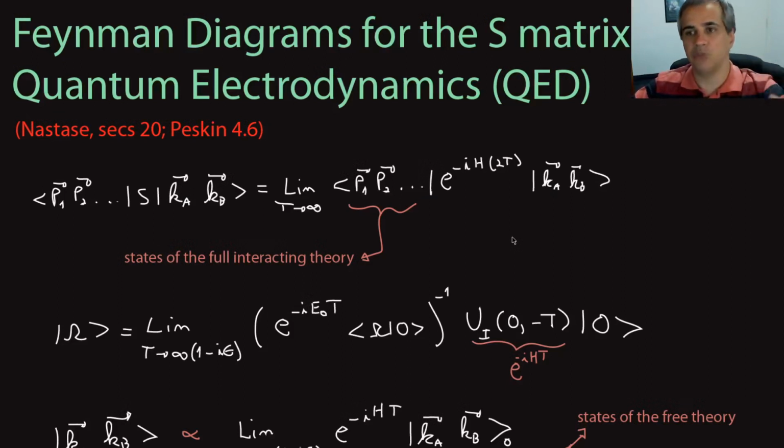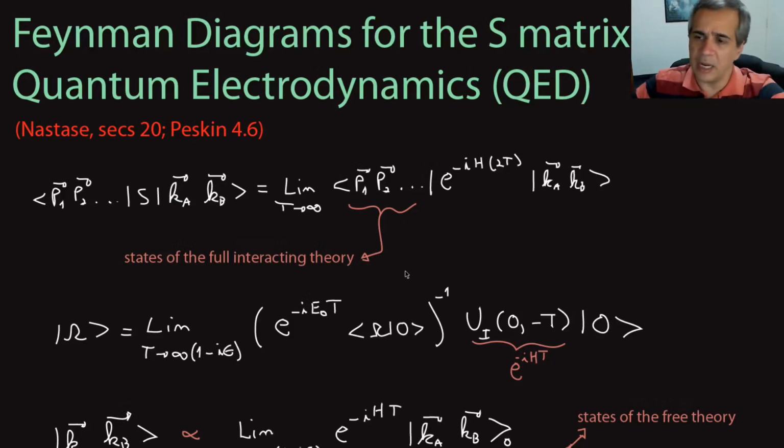We proposed an idea where you start with states of the free theory and evolve them into states of the interacting theory, rotate them into the final states by this matrix, and then propagate them to, again, free states in the future. So that's what the S matrix does.